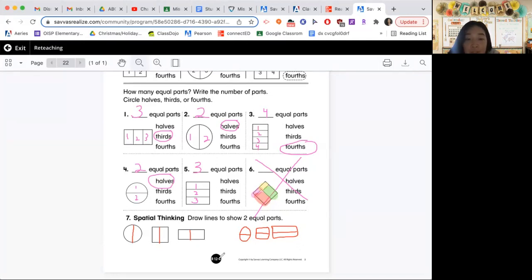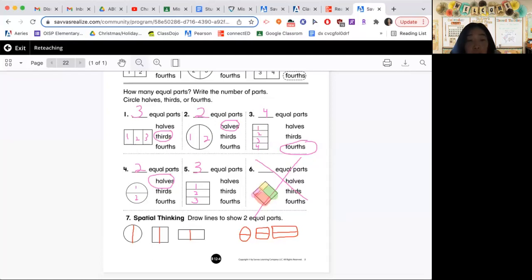Write this down. I'm going to give you guys a minute. I'll put it in the chat and then I'm going to move on. Number 1 is 3/3. Number 2 is 2 halves. Number 3 is 4/4. Number 4 is 2 halves.